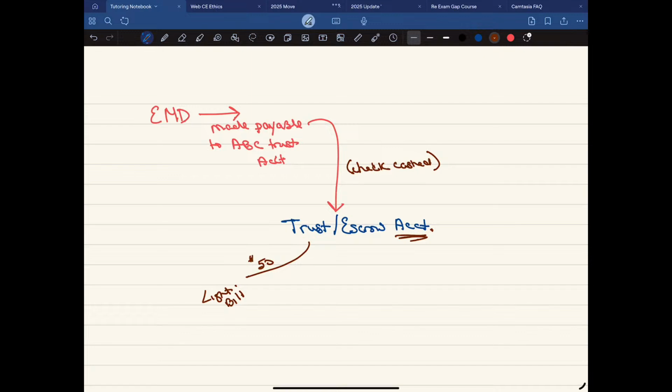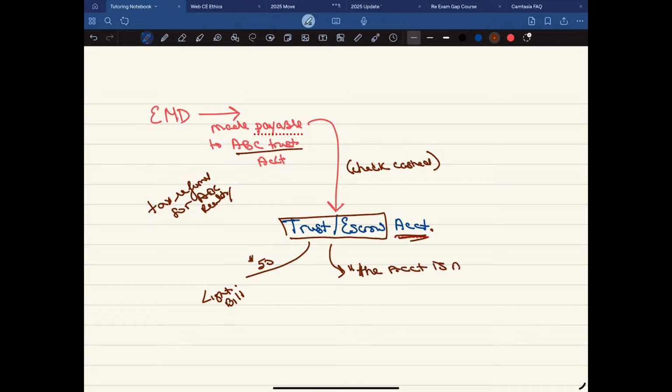Or commingling money would be, let's say ABC Trust has this money in an account, but then they also get a tax refund. Remember, by definition, an escrow account says the account is mine, but the money is not.